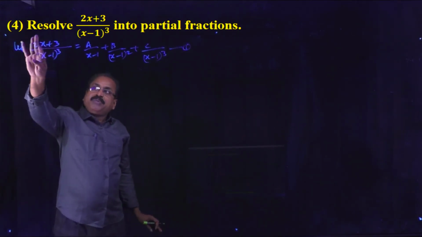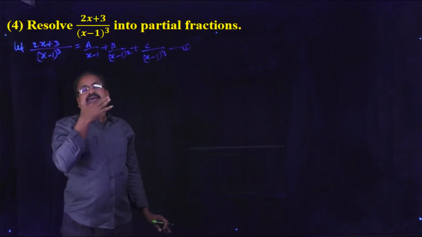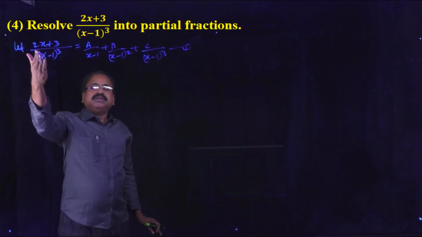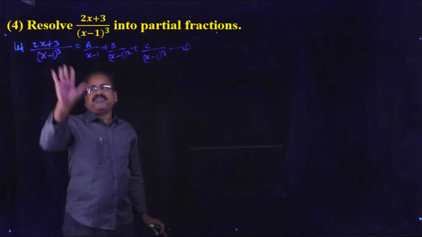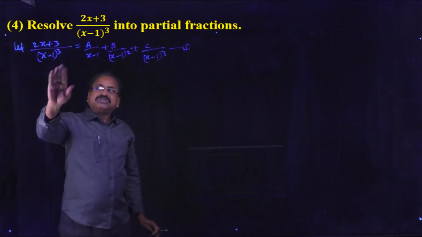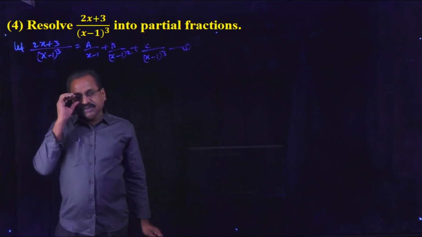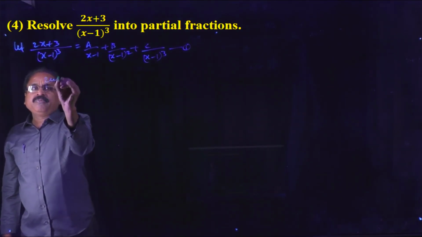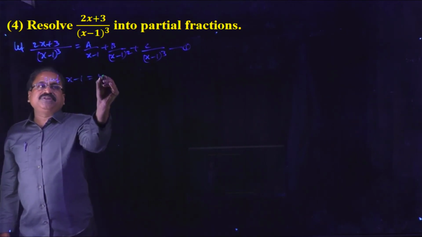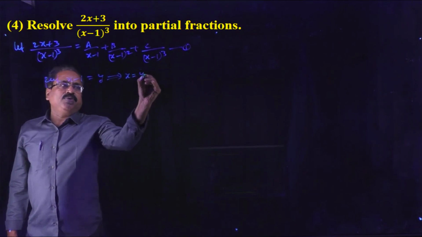Here the degree of numerator is 1, the degree of denominator is 3. So the degree of numerator is less than the degree of denominator, so it is a proper fraction. (x - 1)³ is a linear repeating factor. So put x - 1 = y, x = y + 1.